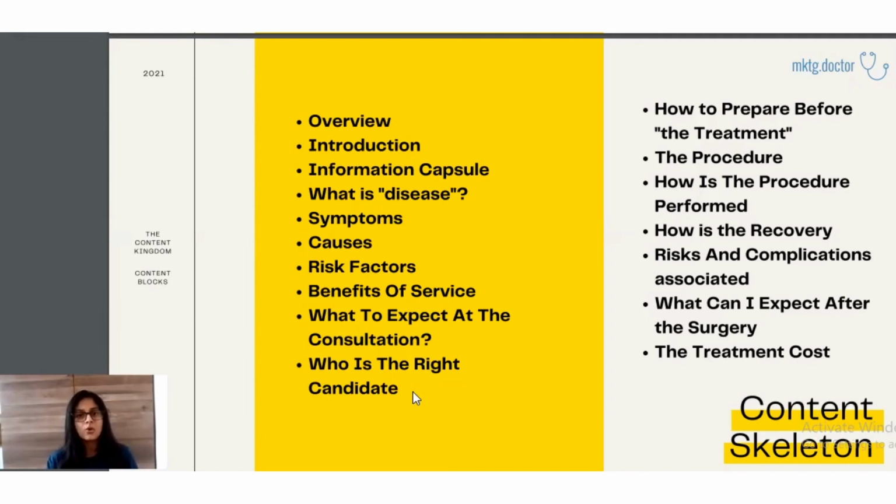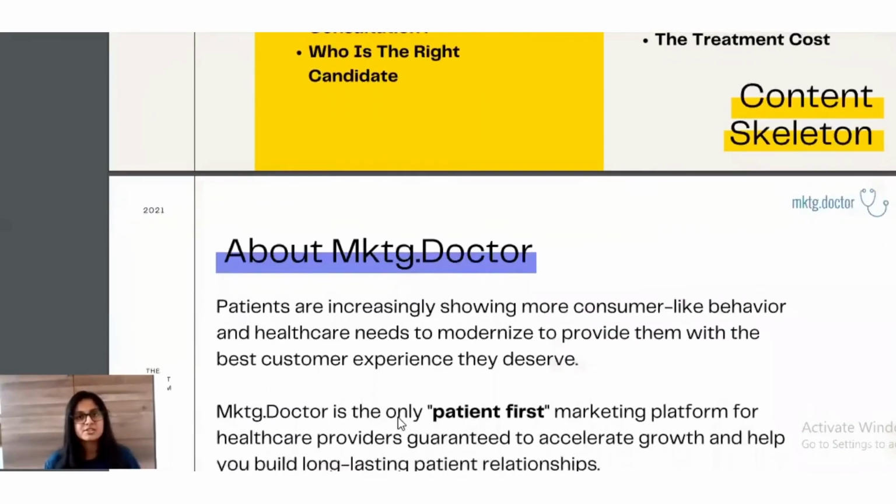First they go onto various search engines and search for treatment information. Once they get the information, they directly search for the doctor's appointment, and so the process proceeds. So this was all about content marketing for doctors or medical practitioners.